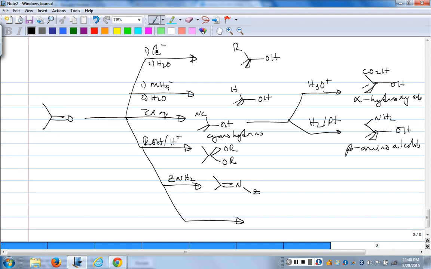Let's see, what have I left out? So R minus, H minus. Oh, obviously they react with hydrogen gas and catalysts, and you get the corresponding alcohol. We should have done it here, but whatever. You get the corresponding alcohol because you add H to the O and H to the carbon.